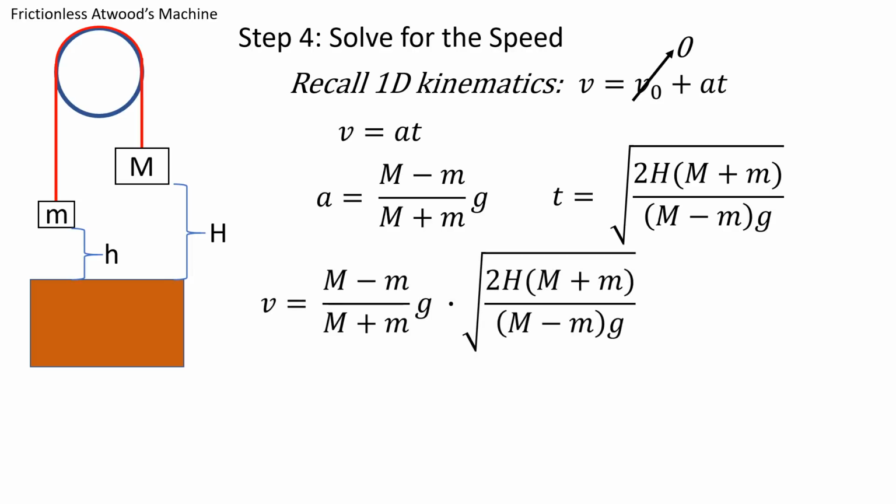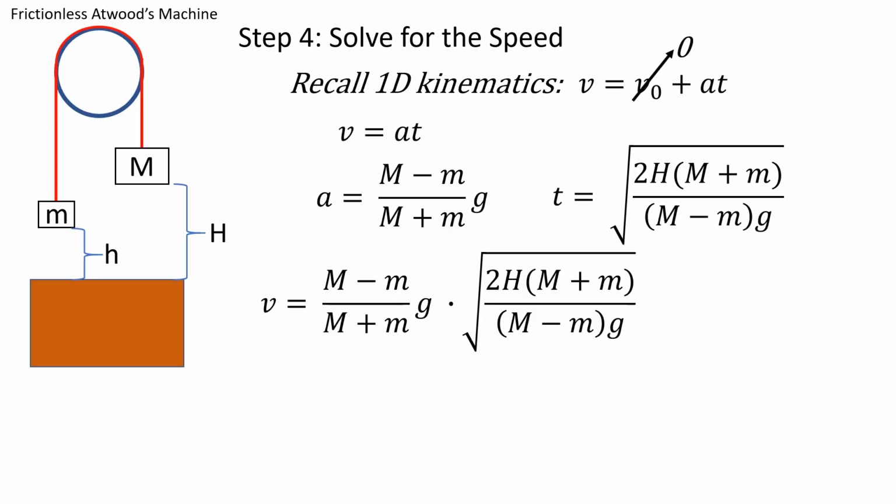And again, this is an entirely fine solution. You could put the numbers in here and get the answer out, but again, it looks nicer if we simplify it a little bit. So what we're going to need to do is bring in the thing multiplied by the radical, squaring everything as that happens. And so of course you'll get a g squared in the numerator on the inside, and that cancels with the g in the denominator.